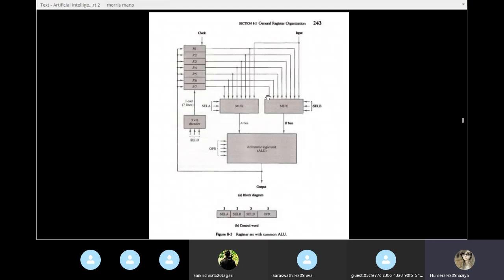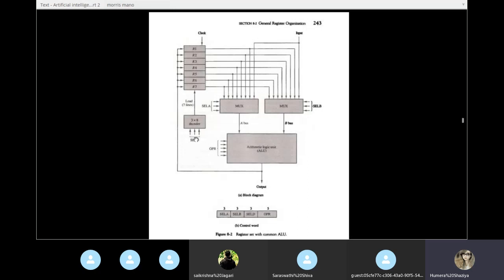This multiplexer also takes 8 input lines, and there is a clock here to these registers, and you have a 3 by 8 decoder, which also requires 3 selection lines, because this decoder is 3 by 8.